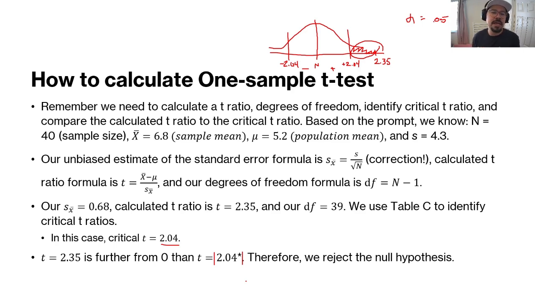So that's the kind of comparison you want to make. And so I associate that with being further from 0, because even if this were a negative 2.35, then we would still identify negative 2.35 as falling within this critical region. So it still remains a significant finding, but I just wanted to include that so that you all have an understanding of why it is that we're making the comparison the way that we are.